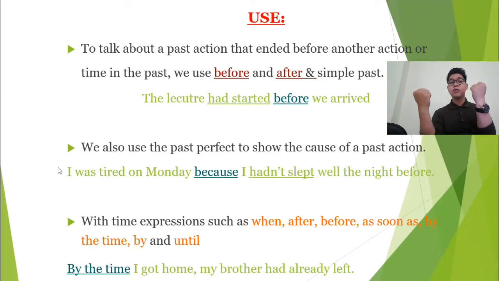The class ended at 9 a.m. and you came at 9:10. So this one we say is past perfect. I mentioned so many examples. I hope you all get an understanding of these.